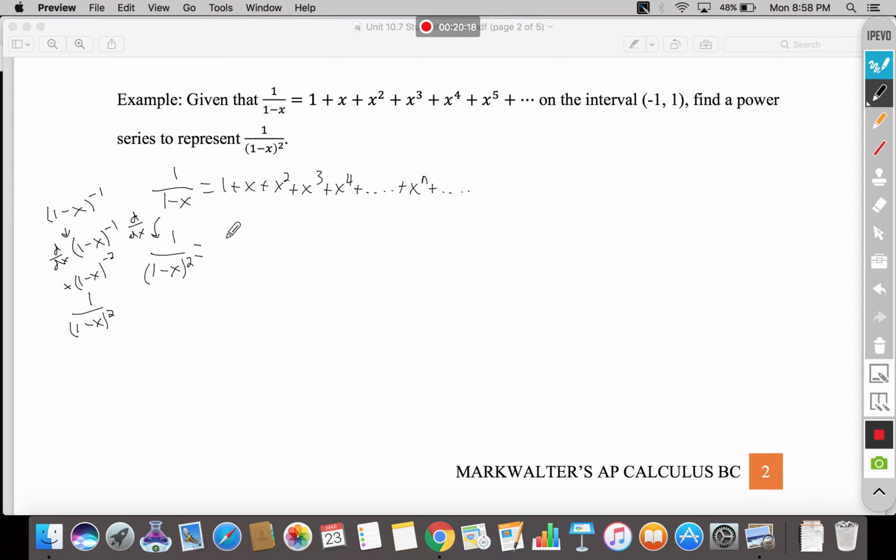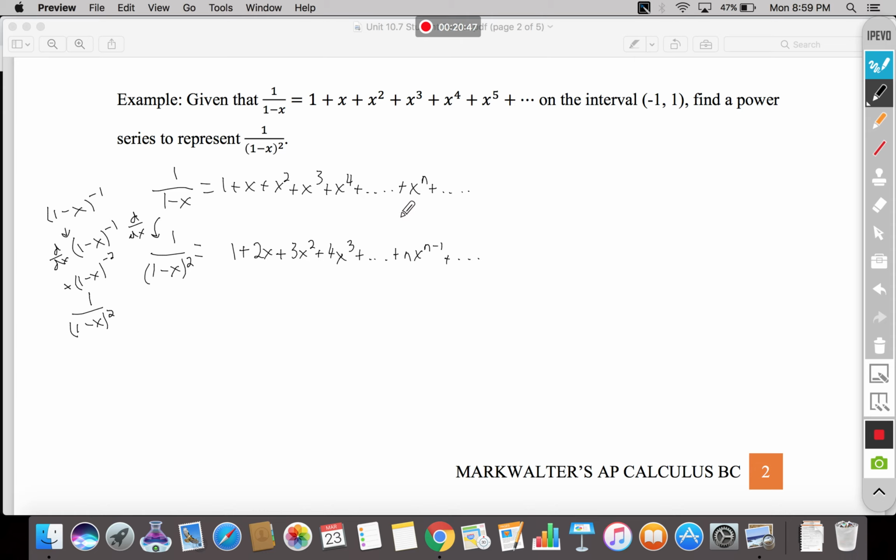The derivative of x is 1, plus the derivative of x squared is 2x, plus the derivative of x cubed is 3x squared, plus 4x cubed, plus, and so on and so forth, until I get to nx to the n minus 1, plus, and so on and so forth, right?